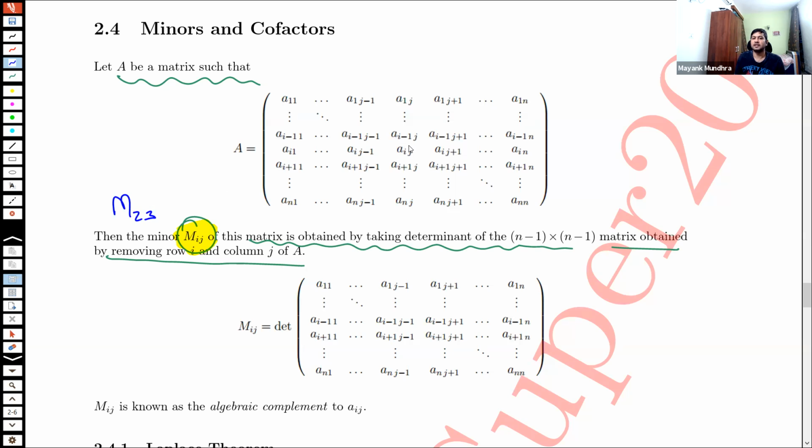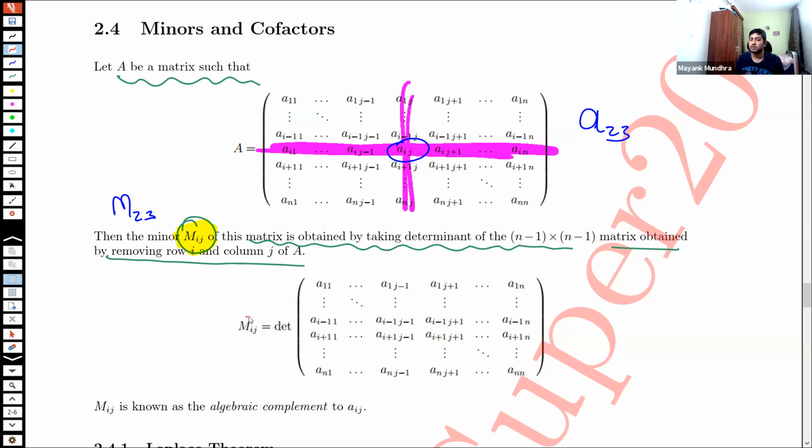So you first find the element A2,3. You eliminate the row and column of which this particular element is a part. So you focus on this thing. You completely eliminate the column in which it is, and you eliminate the row in which it is present. And then you just look at the remaining n-1 cross n-1 elements, and you take the determinant of those elements.